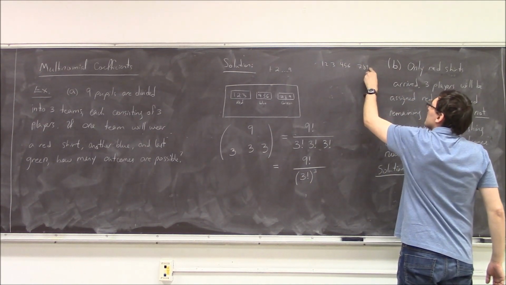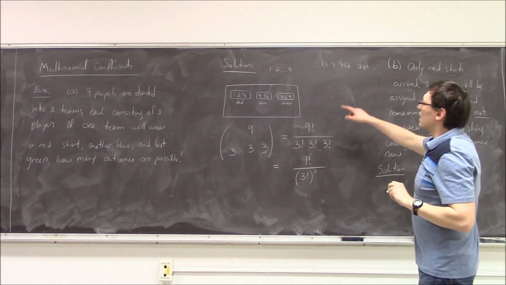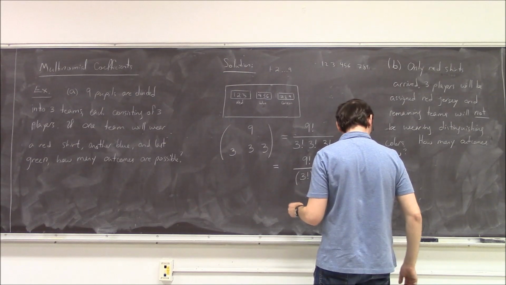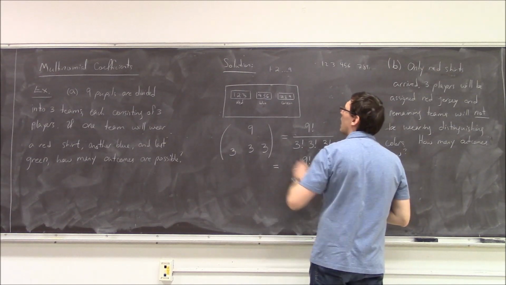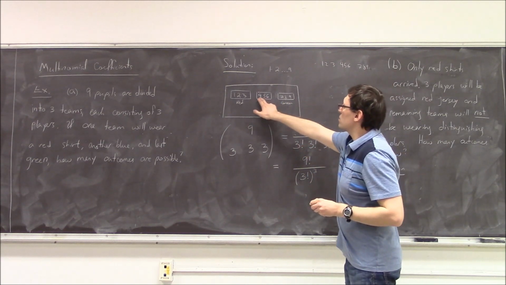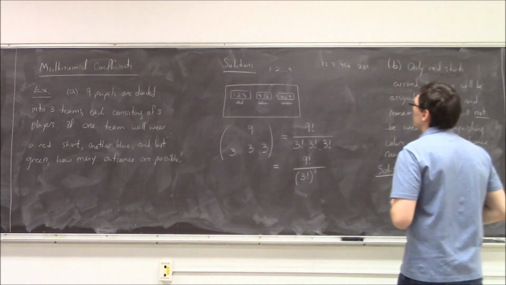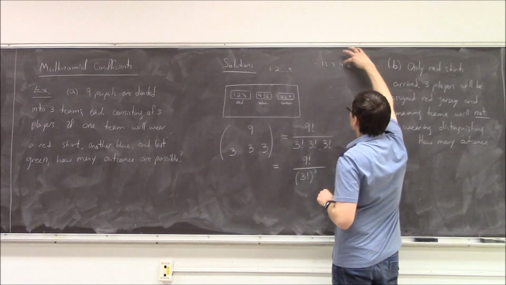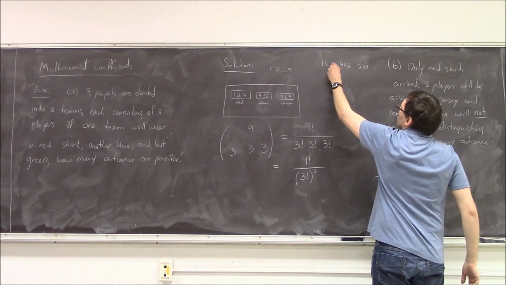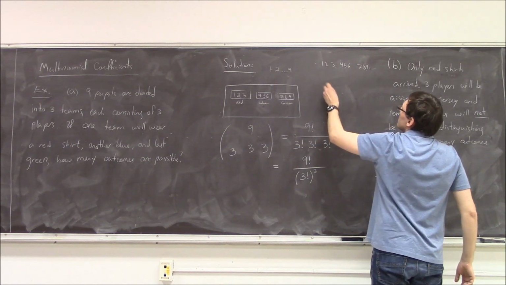7, 8, 9. Right? And in question B, I no longer have a blue team or a green team, which means that those no longer are different destinies. Being together on the team is a different destiny, but not this, right? So I have 1, 2, 3, 4, 5, 6, 7, 8, 9.